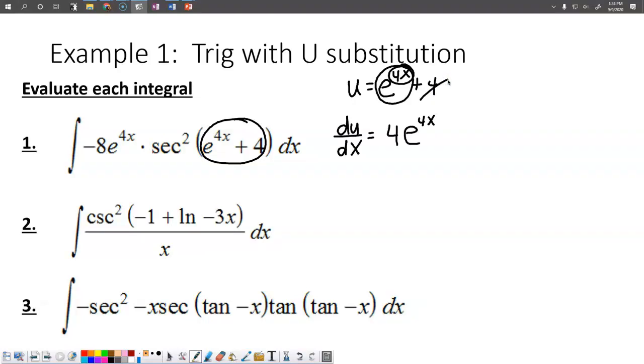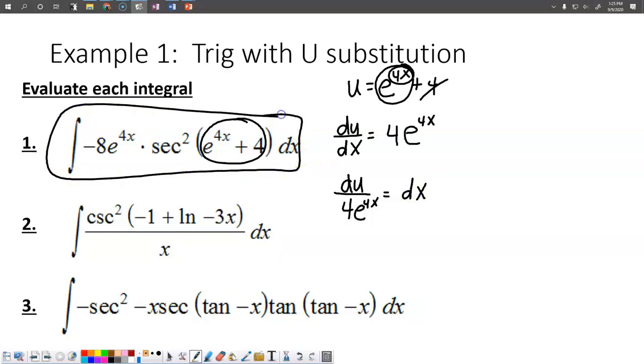Next, we want to get the dx by itself. Now we're ready to do our u substitution. We're going to come back over here, and we're just going to be replacing everything in there with u's where we can. For now, the negative 8e to the 4x is just going to stay there, but it's going to go away in a minute.